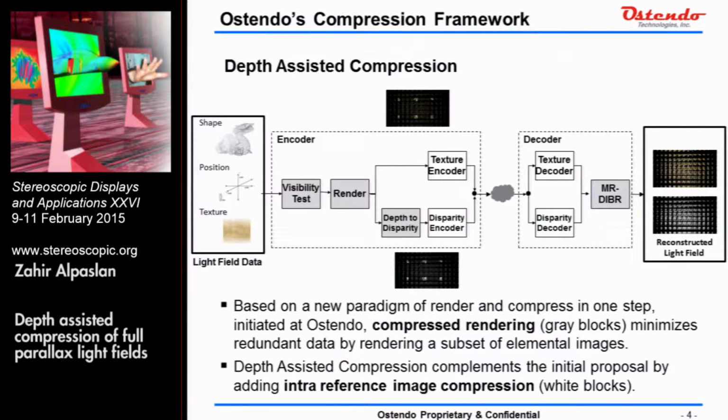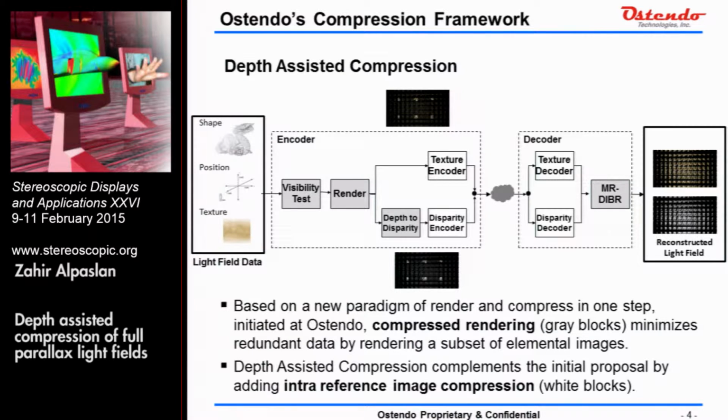Here's a summary of our compression framework. At the same conference, we already presented part of this framework, what we call compressed rendering, represented here by the gray blocks. The idea with compressed rendering is that it's based on the new paradigm of render and compress in one step, which means that we minimize redundant data by rendering only a subset of elemental images.